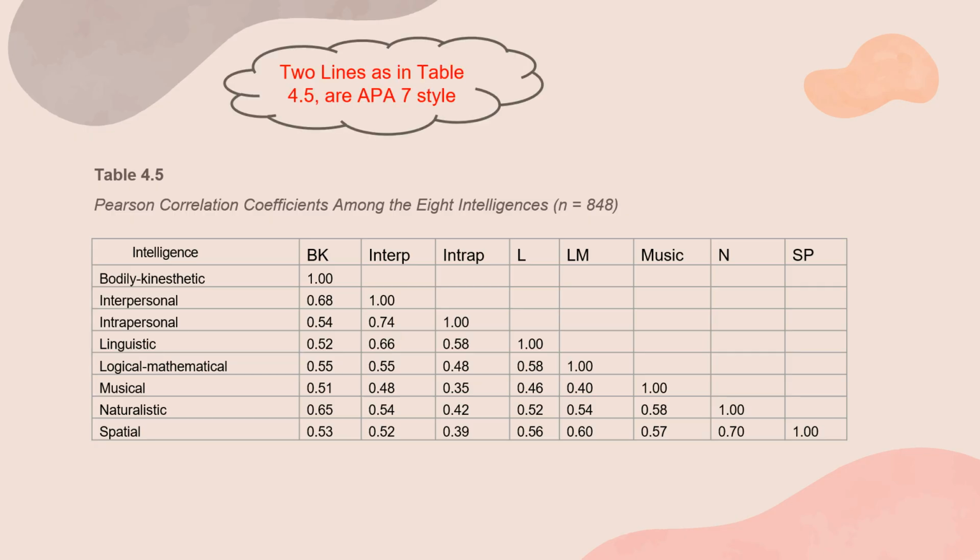If you want to write a good article in APA 7, normally a table has 2 lines. This is APA 7 style. APA is the American Psychological Association, version 7. And italic right here.